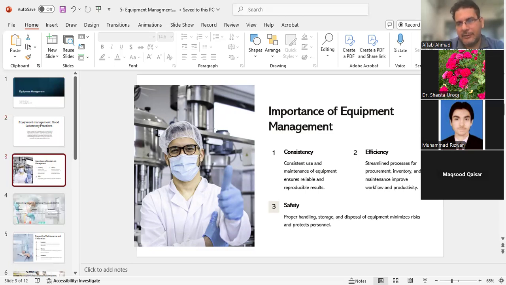One of the things we discussed in our previous lectures as well is consistency, that there should be consistent use and maintenance of equipment, which gives reliable and reproducible results. It's very important that we maintain the equipment. Actually, what happens in most of our laboratories is that we couldn't maintain the equipment. That's why there is always variation in the results.